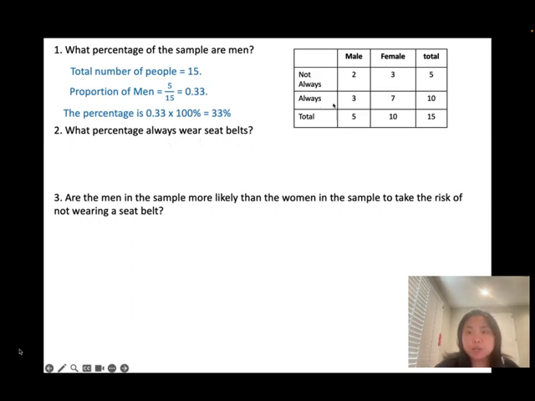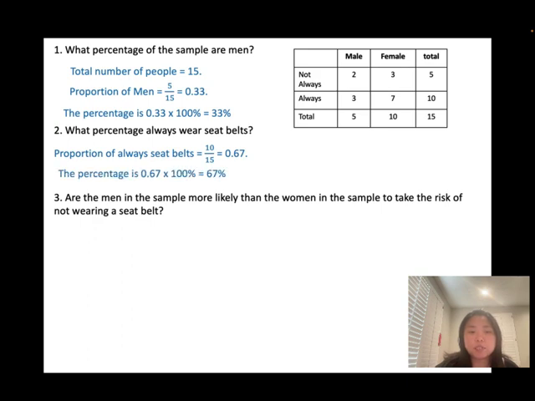Always wear the seatbelt is 10 here. So 10/15, you should find 0.66666. With 2 decimal places, that is 0.67. This is the proportion of always wear the seatbelt. Then the percentage is times 100%, so 67% here.